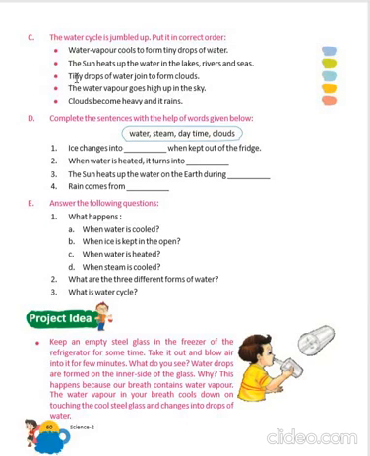The water vapor goes up high in the sky. Water vapor cools to form drops of water. Then the drops of water join to form clouds. Clouds become heavy and it rains. So in this way you can correct it in proper order.